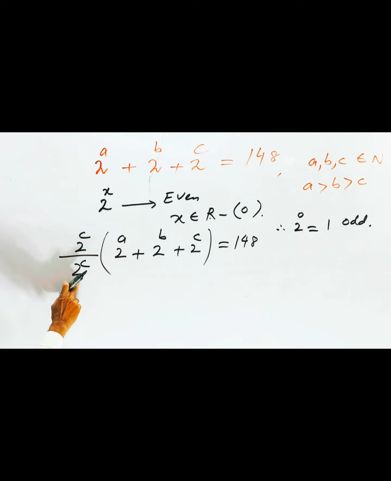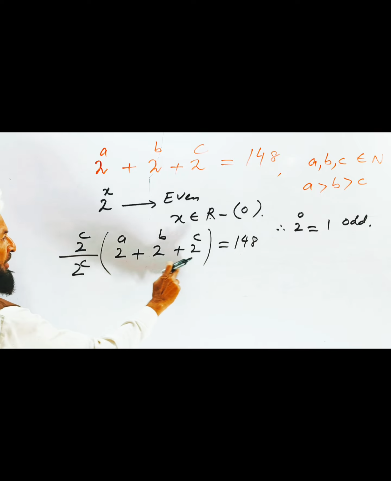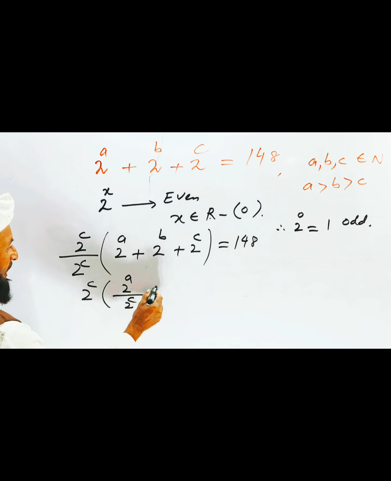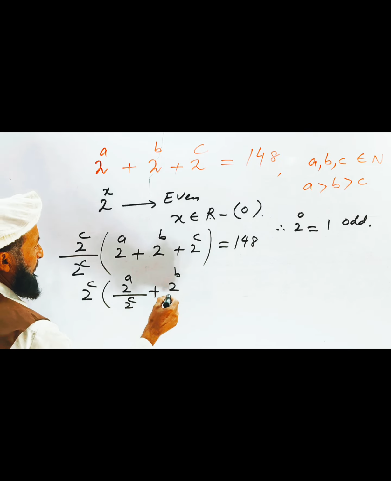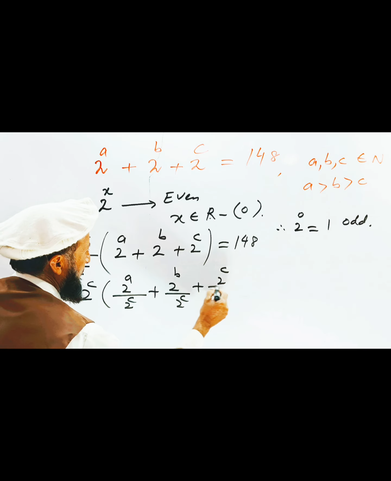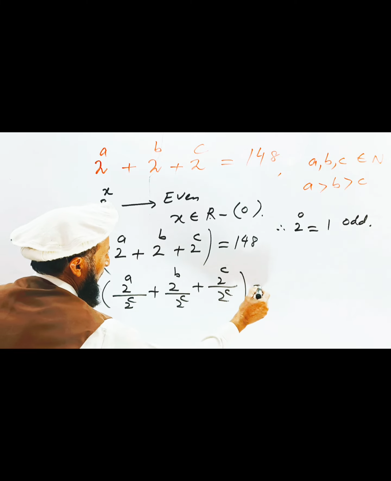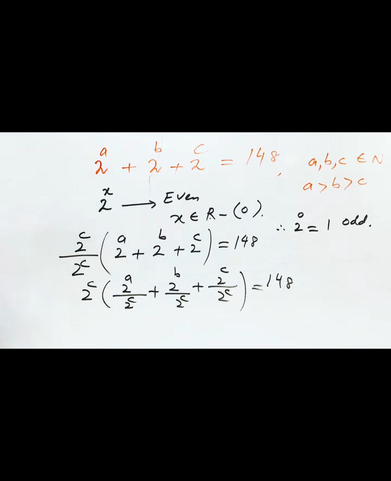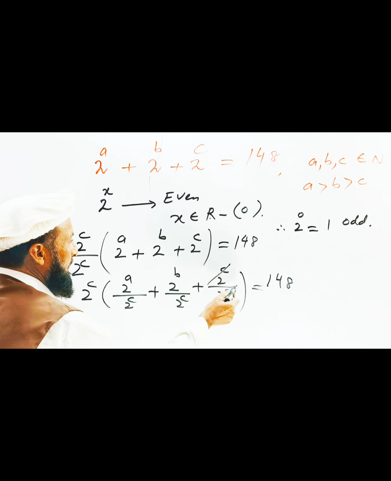We divide each term by the denominator, so we get 2 exponent of a divided by 2 exponent of c, plus 2 exponent of b divided by 2 exponent of c, plus 2 exponent of c divided by 2 exponent of c. Now this term cancels.